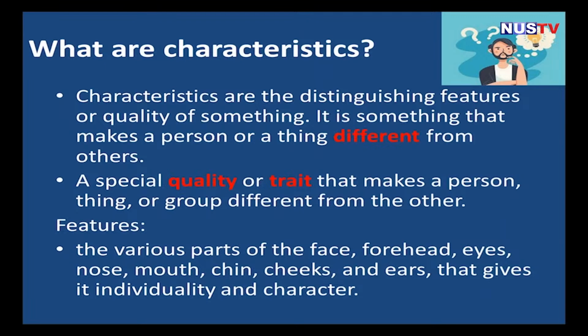So characteristics are normally seen the same as features or physically observed parts. So features are the various parts of the face, forehead, eyes, nose, mouth, chin, cheeks, and ears that give its individuality and character. So what makes this organism unique or different?